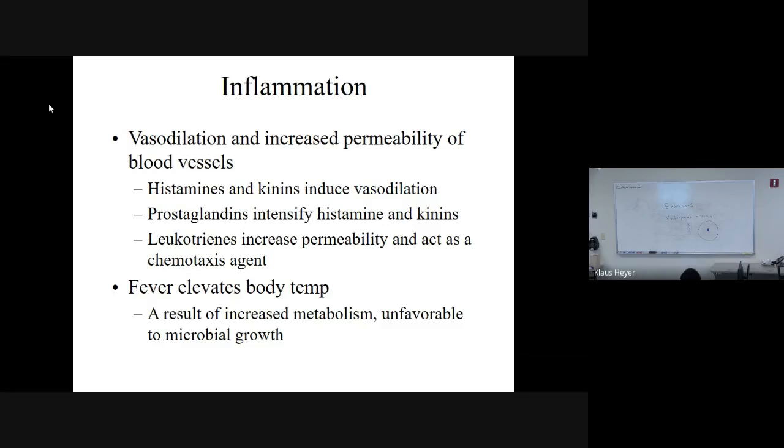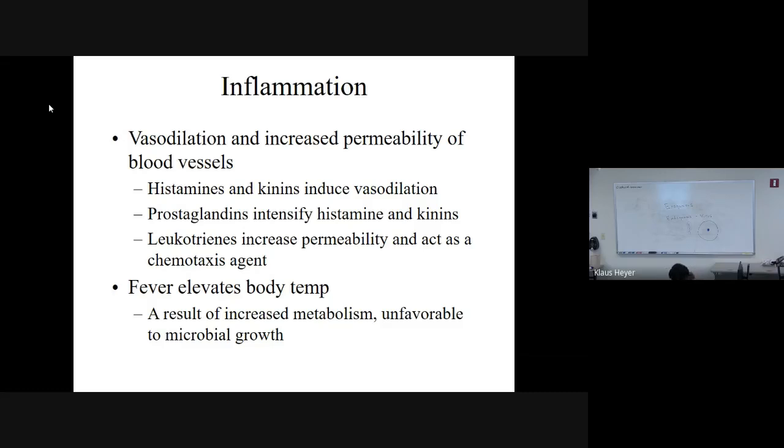So that first bullet point is inflammation. I put fever, instead of making it in a separate slide, as the second bullet point there. So the vasodilation and increased permeability of blood vessels is inflammation, you're saying?